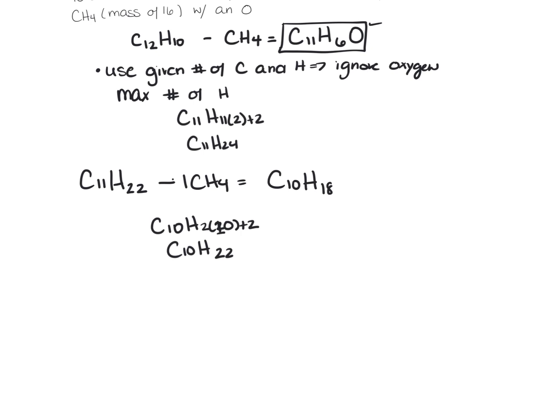Okay. And then from here out, we could go so far as to subtract another CH4, right? So that would be another formula, and then we could subtract another one if we wanted.